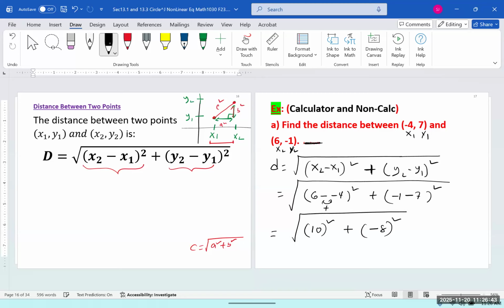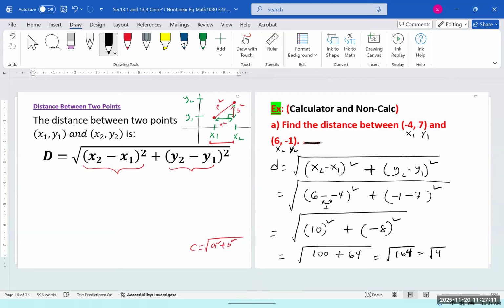Then 100 plus 64. It's not i; that is when you get the negative of the square root. Distance can never be imaginary. The answer always has to be positive. If you get something negative, that means something is wrong.